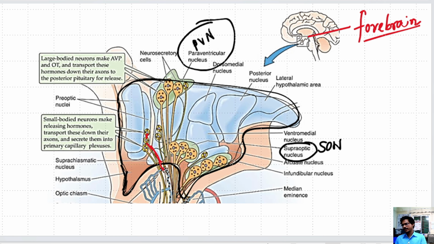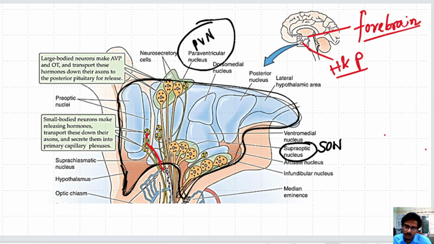So the hypothalamus is in the forebrain region, and this is the hypothalamus and pituitary. In that figure, I have just explained the different kinds of nuclei that are present.